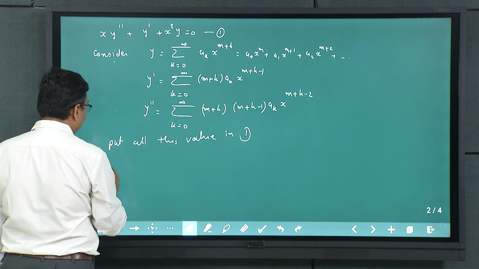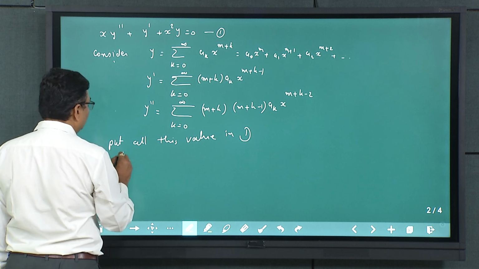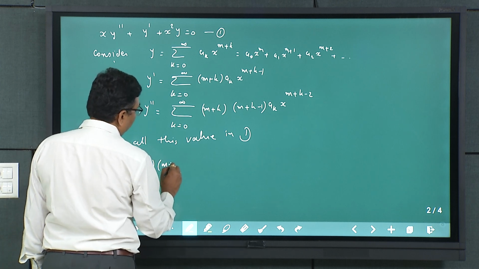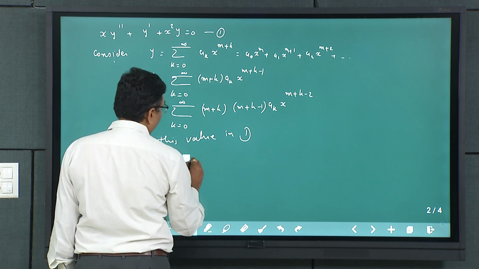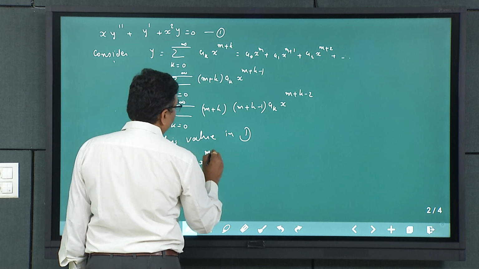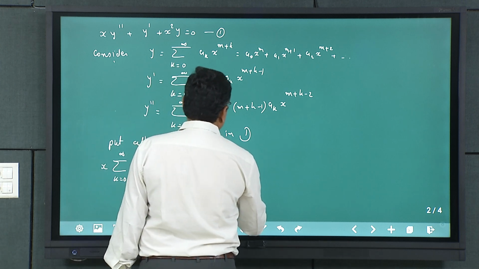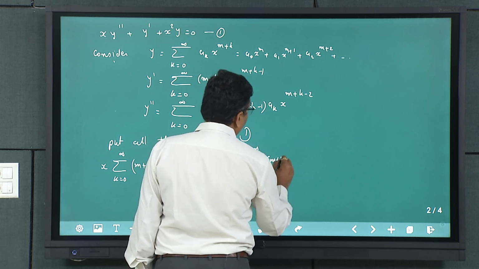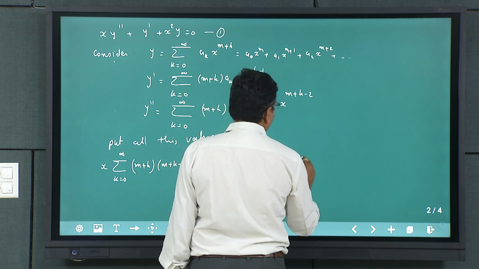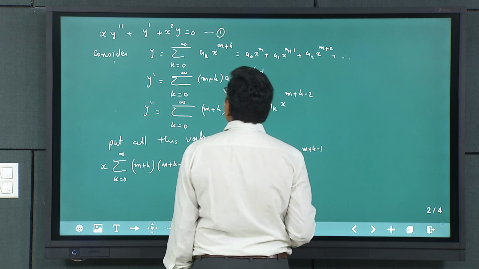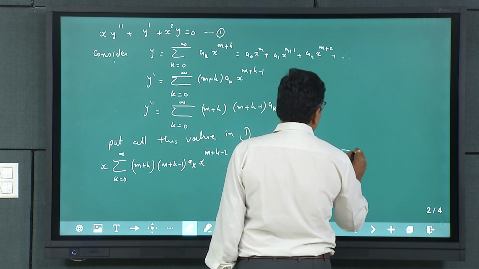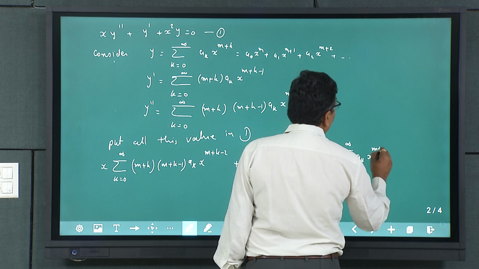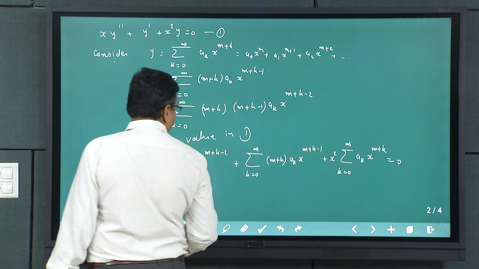So x into sigma k is equal to 0 to infinity m plus k into m plus k minus 1 ak x raised to m plus k minus 2 plus sigma k is equal to 0 to infinity m plus k into ak x raised to m plus k minus 1 plus x square sigma k is equal to 0 to infinity ak x raised to m plus k equal to 0, right? એટલે આપણે વેલ્યુ આમાં મૂકી દીધી.